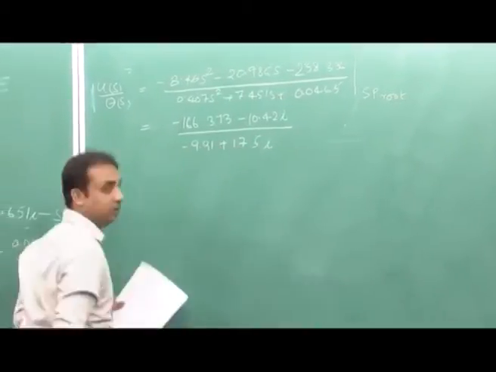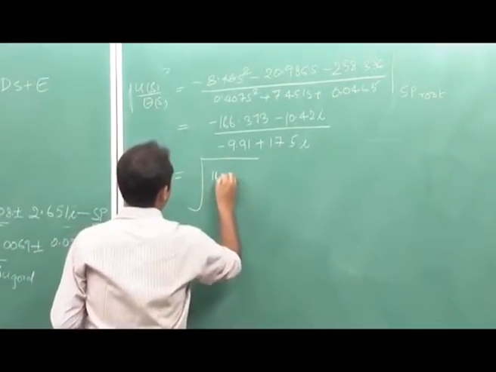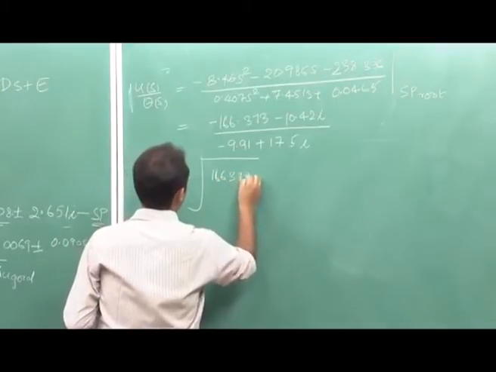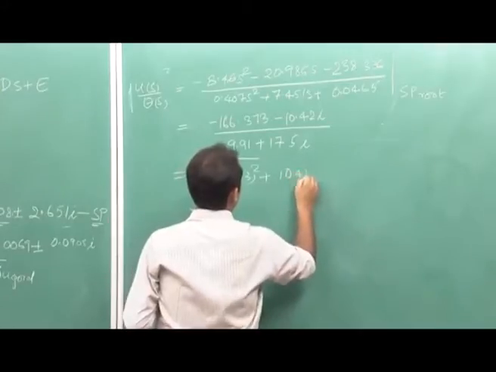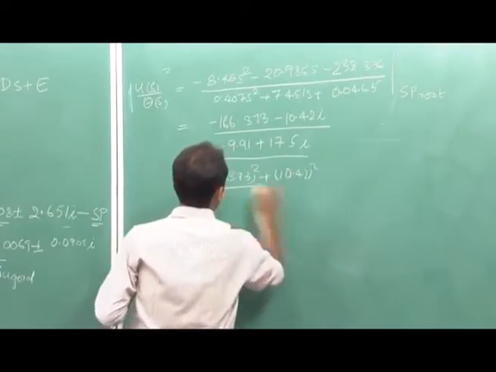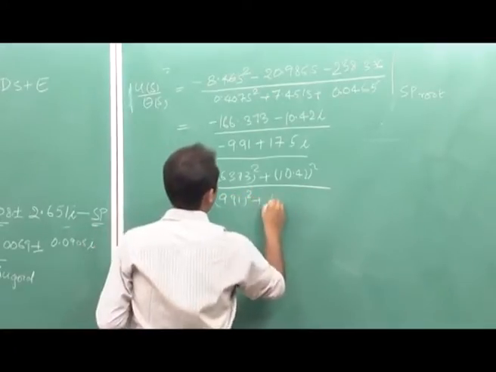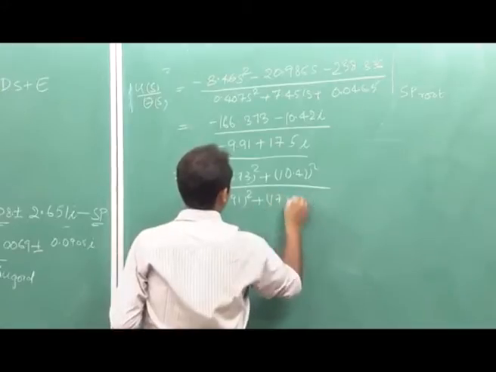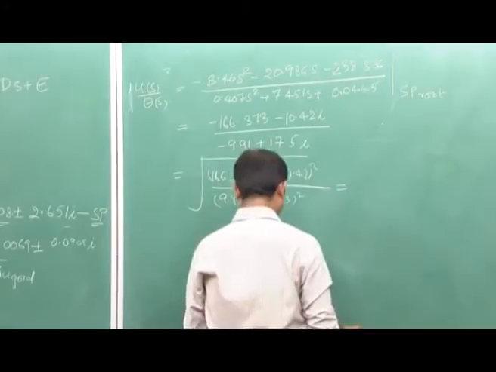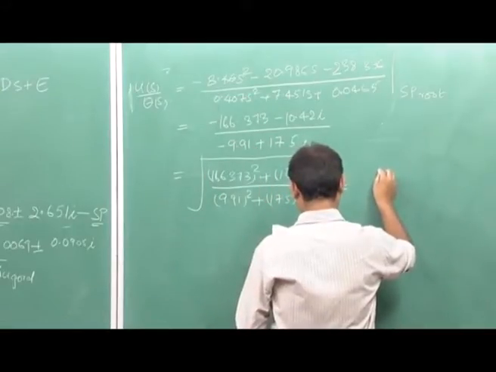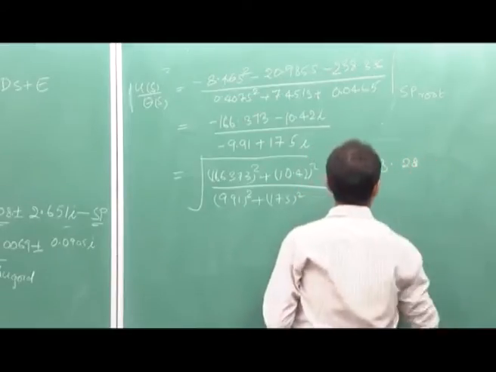Now, the magnitude of this complex number will be root under 166.373 square plus 10.42 square divided by 9.91 square plus 17.1 square, which will come to about 8.28.